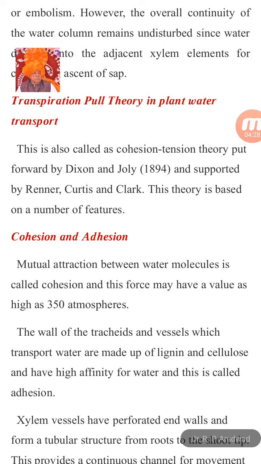The walls of the tracheids and vessels are made up of cellulose. You know that the walls of the tracheids and vessels are made up of cellulose, and that cellulose is a hydrophilic compound. Cellulose is a hydrophilic compound, or has a high affinity towards water.